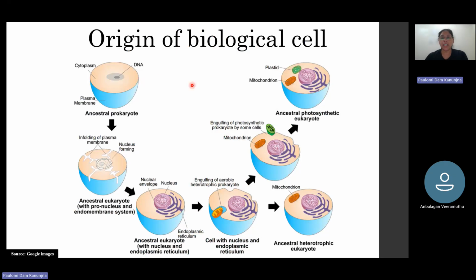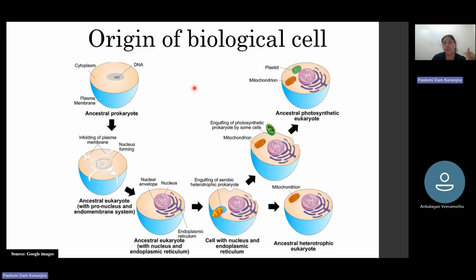So basically, in the lecture, what was discussed was how you get the proper formation of the biological cell that we see in photos in eukaryotes, which is basically your plasma membrane, your cell organelles, your nuclear material. The main agenda of this topic was to highlight two things.